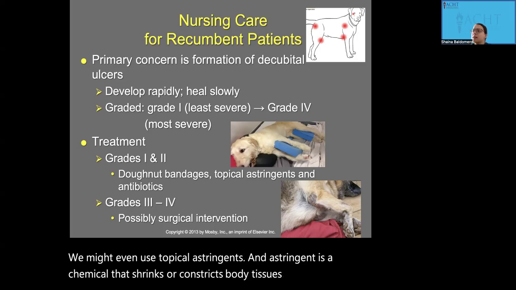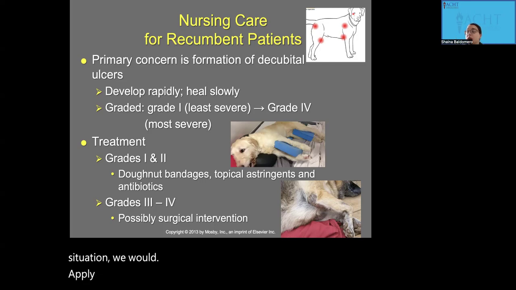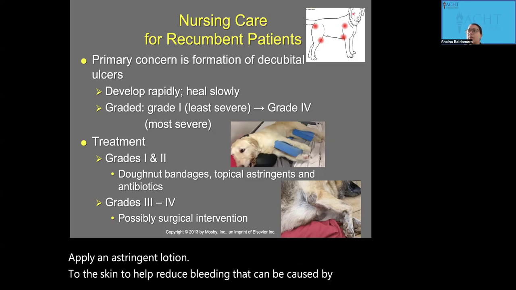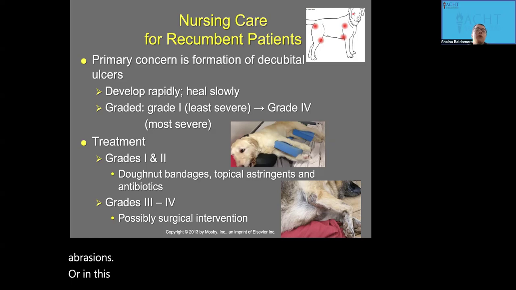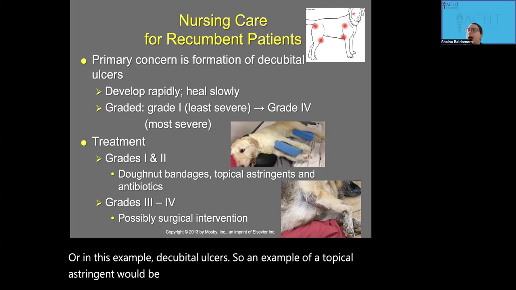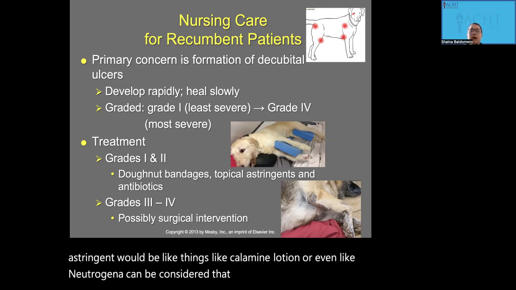So usually in this situation, we would apply an astringent lotion to the skin to help reduce bleeding that can be caused by minor abrasions, or in this example, decubitus ulcers. So an example of a topical astringent would be things like calamine lotion or even Neutrogena can be considered that. So it's basically like a barrier.